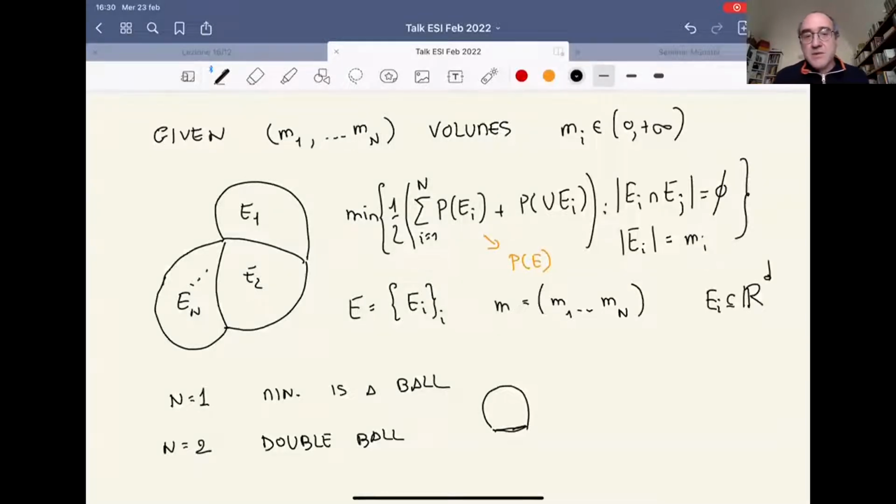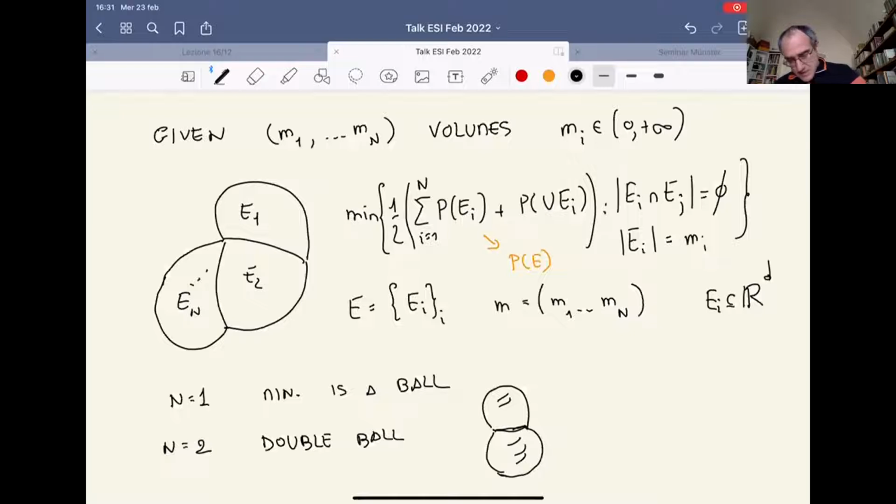The problem becomes already significant in R^2, but we can cast it in R^d. When n equals 2 it is a double ball, but this was quite difficult and more recent, and a complete answer when n equals 2 is due to Hutchings, Morgan, Ritoré, Ros, and was later extended to every dimension.